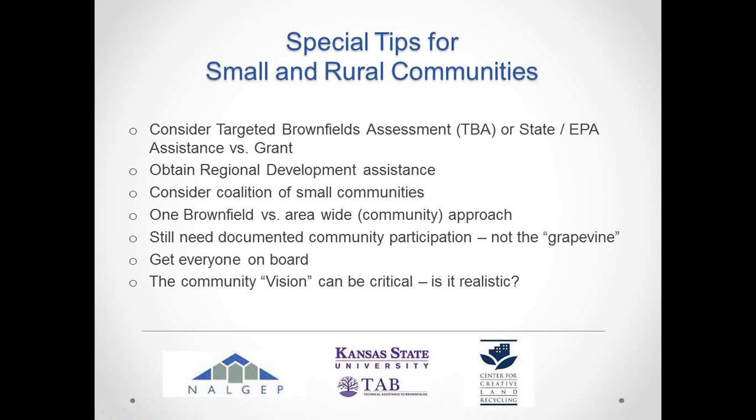So it's maybe more of an area-wide approach, or a certain area of a county. The area-wide approach might be better, looking at what's around that one brownfield. Maybe there's a lot more than just one, and there are ways to take that kind of approach in your proposal if you look in the guidelines.